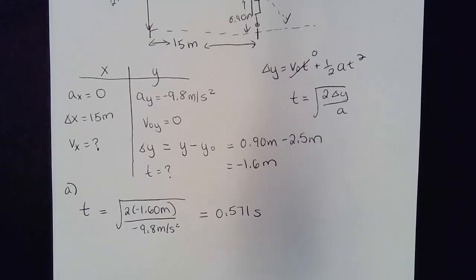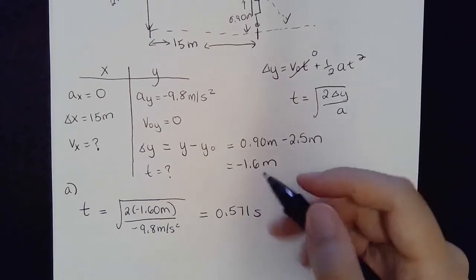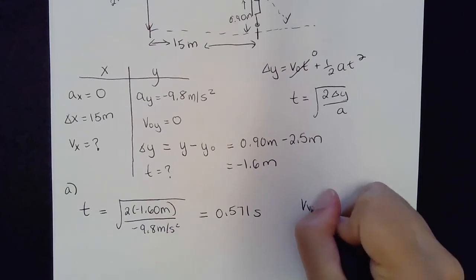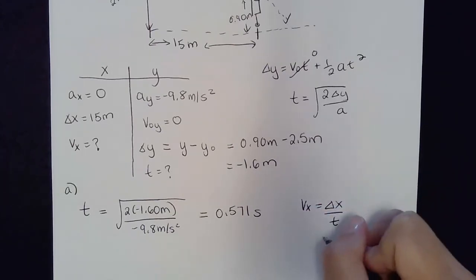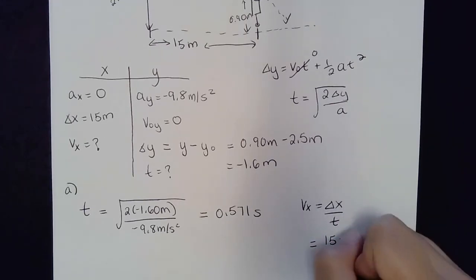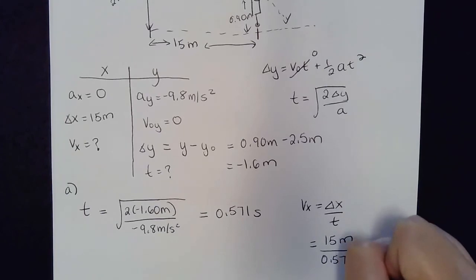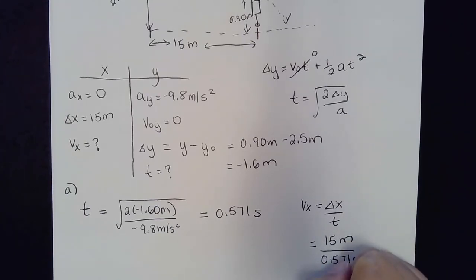All right, now with that time, we can figure out the horizontal velocity that it was hit with. So we have Vx equals delta x over t, just the constant velocity formula. So that's going to be 15 meters over 0.571 seconds, which is 26.3 meters per second.